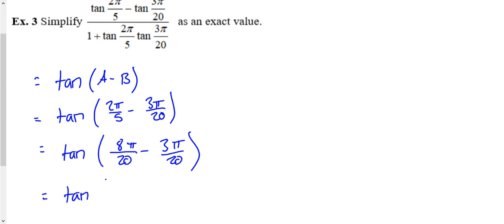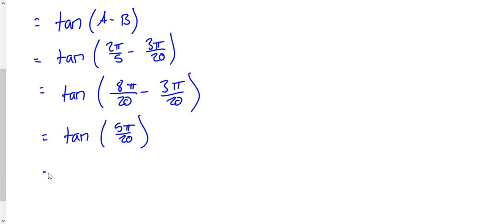So you're left with 5 pi over 20. And of course we should clean up that fraction there. 5 pi over 20 is the same thing as saying tangent pi over 4. And of course we know tangent pi over 4 is root 2 over 2 over root 2 over 2. So then that's equal to just 1. Simplifies to exactly 1.